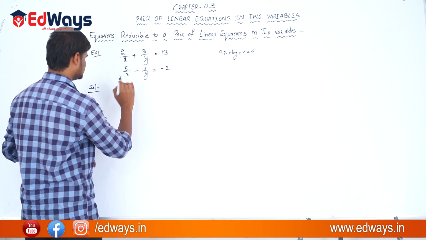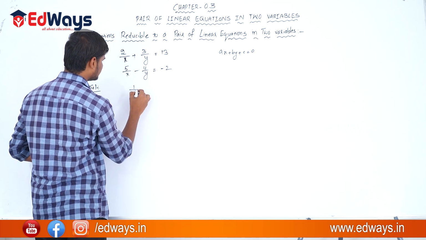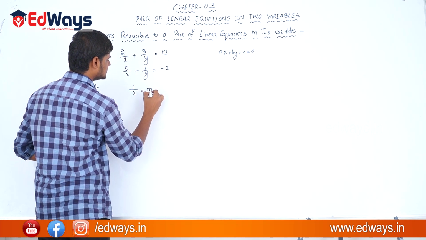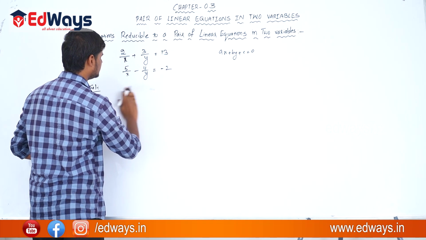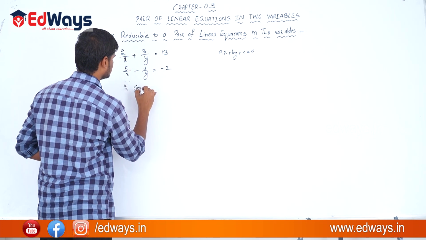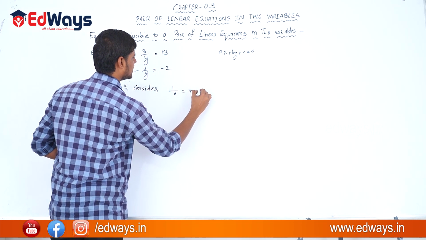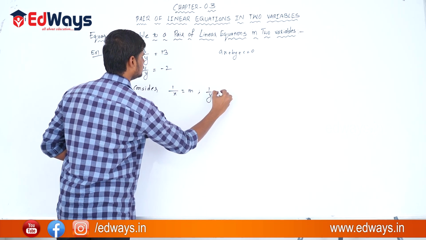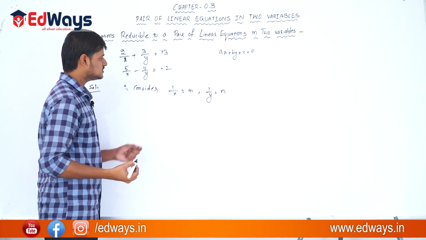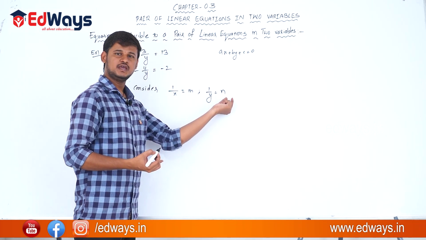First, let us consider 1 by x is equal to m and 1 by y is equal to n.